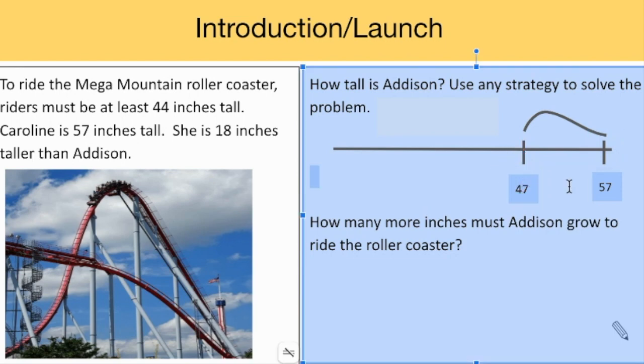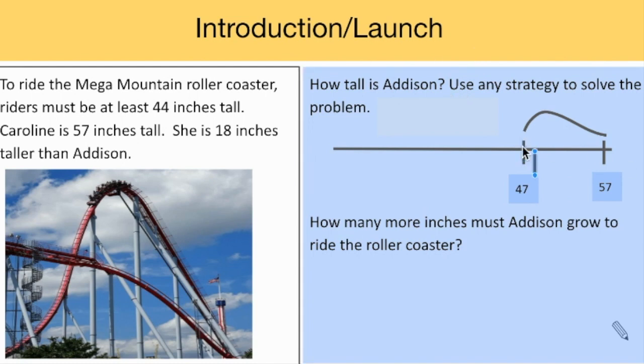Now, we have 8 more little jumps to make. Again, I'm not going to draw 8 little lines because that'll take too long. So what I can do is make a jump of 5 backwards. And I think I'm going to label these jumps so that you know.